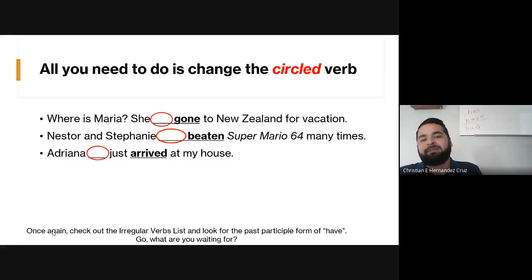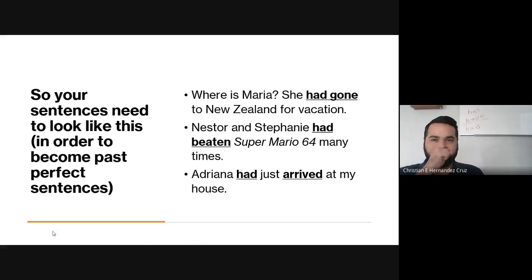Once again, check out the irregular verbs list and look for the past participle form of have. So your sentences need to look like this in order to become past perfect sentences. And this is just me giving you the same answer. She had gone, Stephanie had beaten, Adriana had just arrived. Okay?